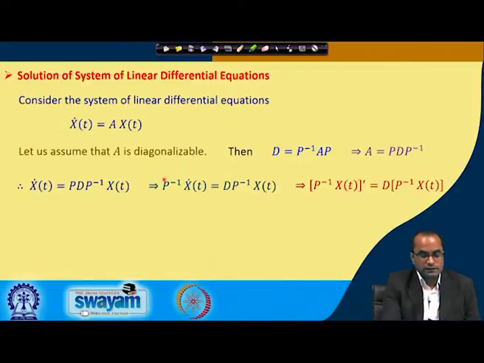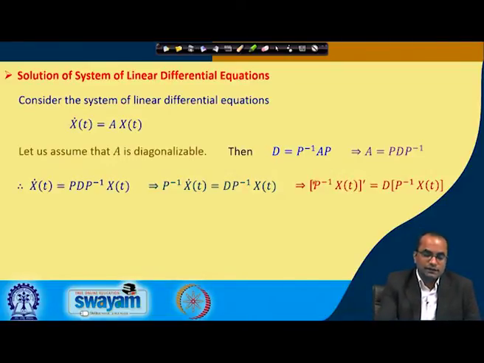Now, P is the modal matrix, and its entries are constants. So, we can take the derivative of P inverse x collectively, because the constants do not matter for the derivative.